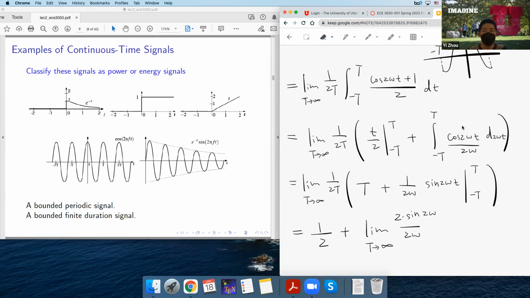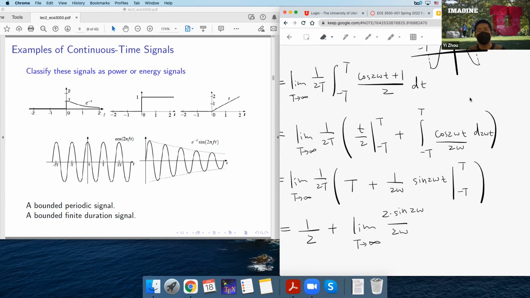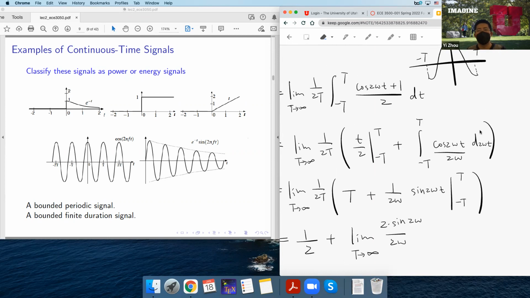from here, it's cosine 2 omega t, d 2 omega t, right? Where is that additional 2?